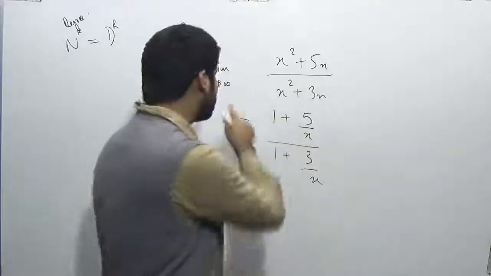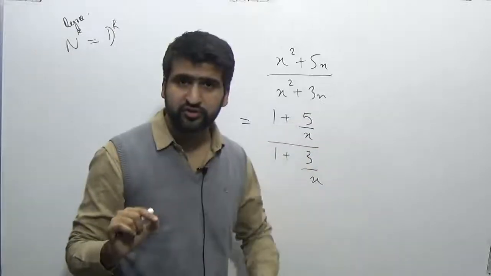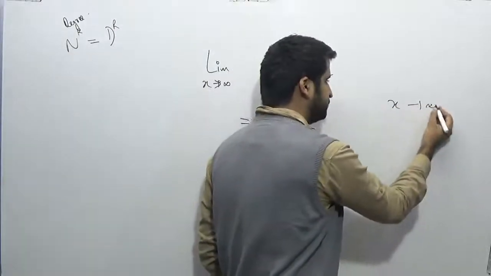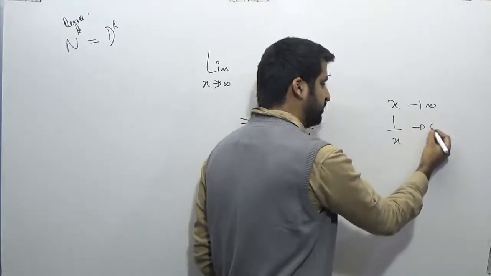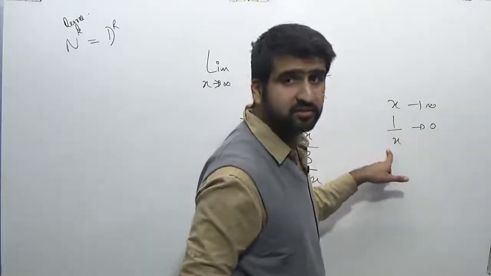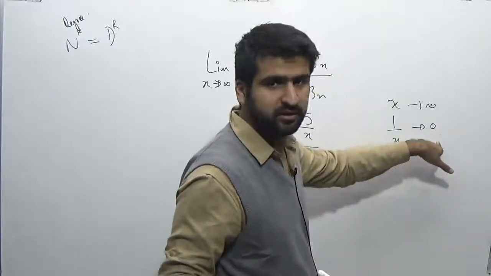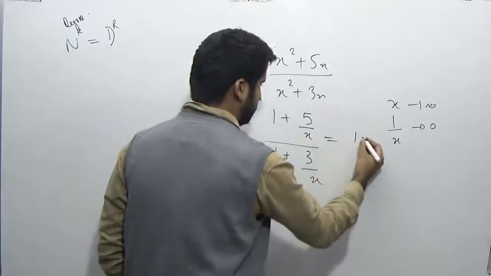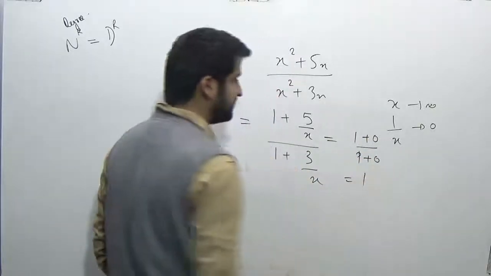Now we know that as x approaches infinity, 1 by x will approach 0, right? Because x is a very large number, and 1 upon a very large number will almost be negligible. So this can be said as 0. So this is nothing but 1 upon 0 plus 1 upon 0. So this is equal to 1.